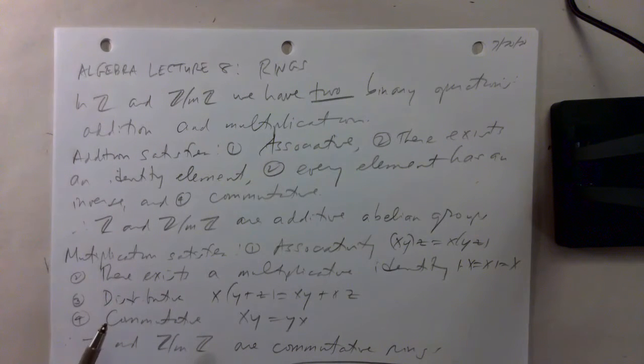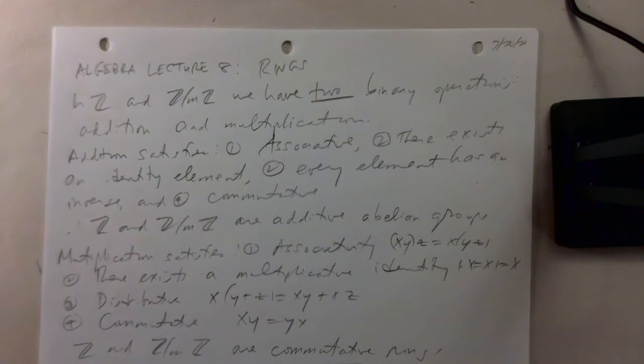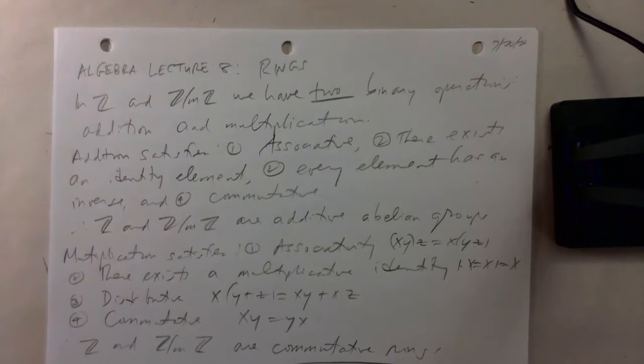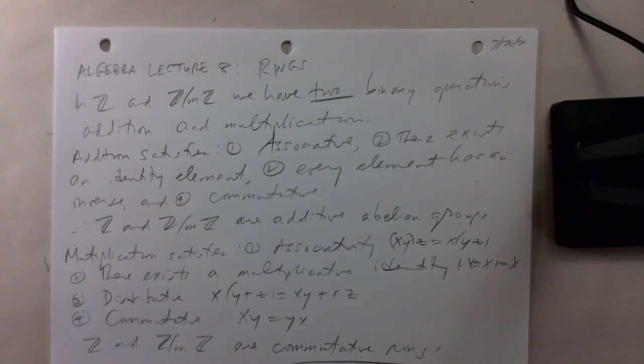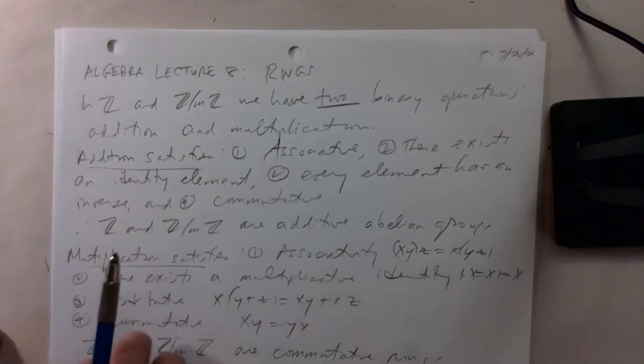We have groups, which have one binary operation, addition or multiplication, and we have rings, which have addition and multiplication. With respect to addition, you have an additive abelian group structure, not with respect to multiplication, but multiplication does satisfy these additional properties.